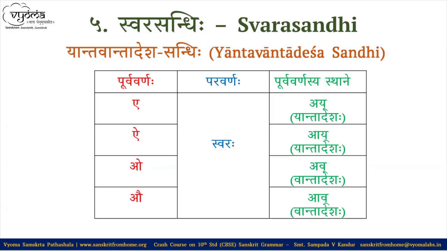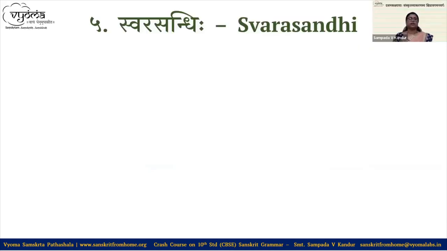Au changes to Av. Second is Aya. I changes to Aya. Au changes to Av. No, O it is. It is not Au. O changes to Av. Au changes to Av. Okay, very good.